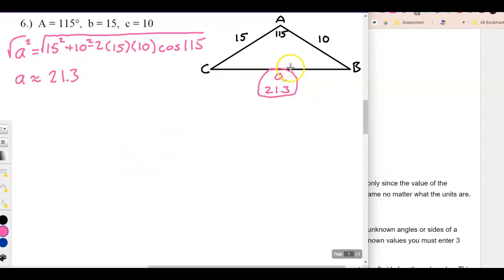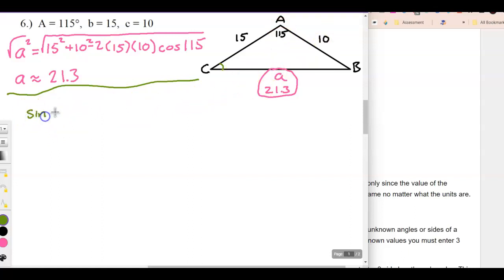So I have all three sides, and now I need to find two missing angles. Your choice, you could use the law of cosines again, now that I have 15 and 21.3, and find angle C using 10. Or you could use the law of sines, which is a little bit shorter. That's probably what I'm going to do. I have an angle A and side A pair, so I can use that with 10 in the law of sines.